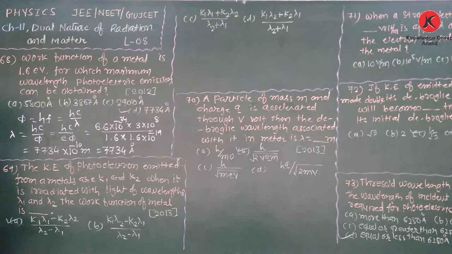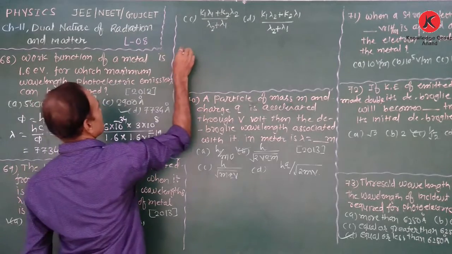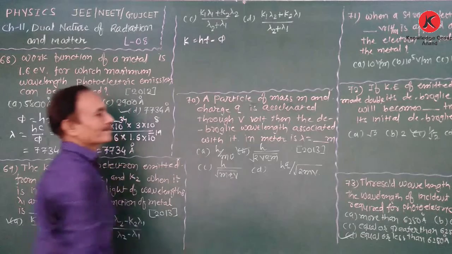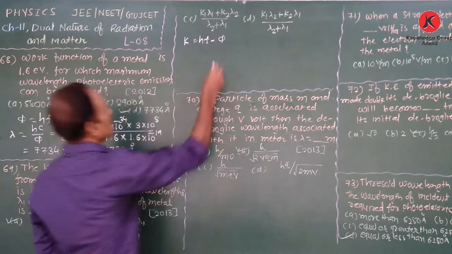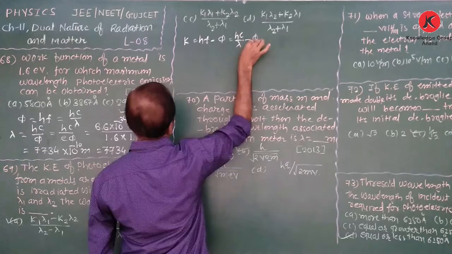For that purpose, we know Einstein's photoelectric equation: kinetic energy is equal to hf minus phi. Here the wavelengths are given, therefore we can write K is equal to hc upon lambda minus phi.